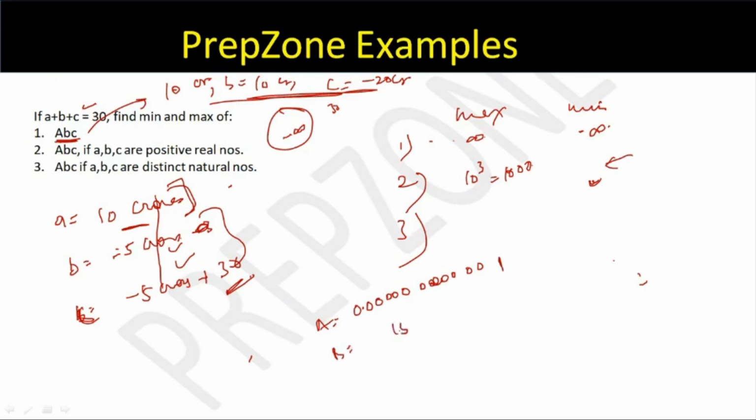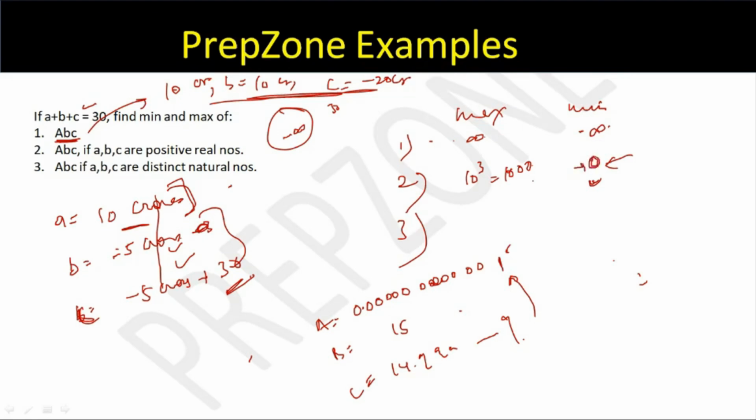Say B is 15 and say C is 14.99999, so that if you add these, the sum becomes 30. But when you multiply it, the number becomes very, very small. So the minimum value here will be tending to 0.